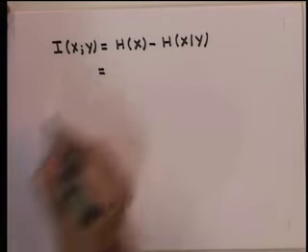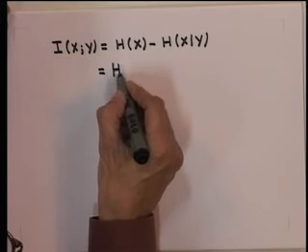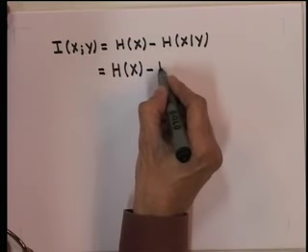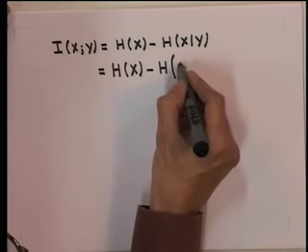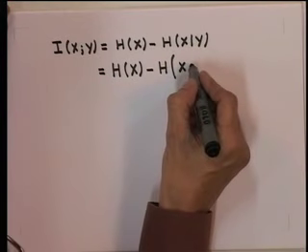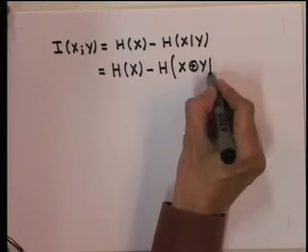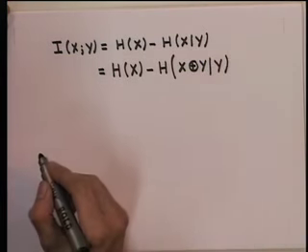This can be rewritten as entropy of the source minus conditional entropy of x XOR y given y.